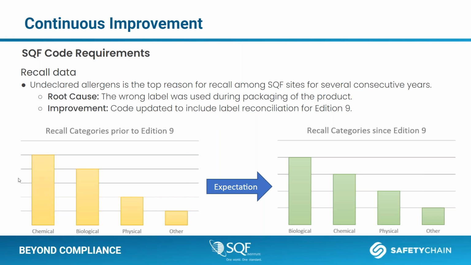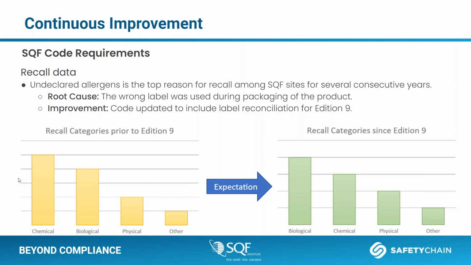So we look at recall data and determined that the top reason for recalls among SQF certified sites for many years in a row was undeclared allergens due to the wrong product being put in a label. And so a site might be running something that doesn't have dairy in it, and then they switch to a product that does have dairy in it.